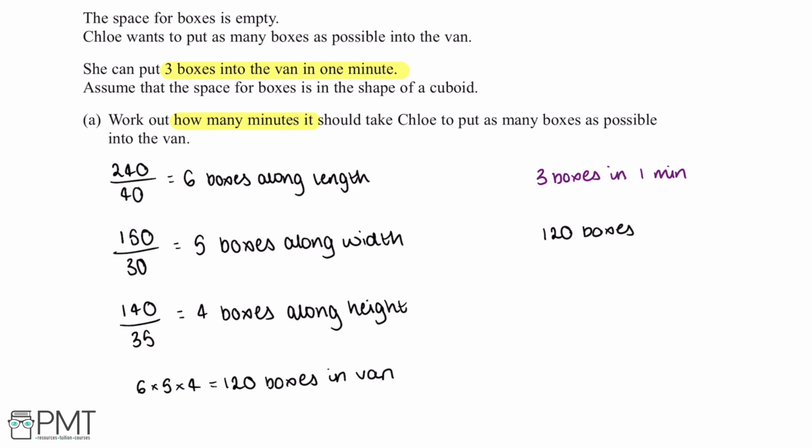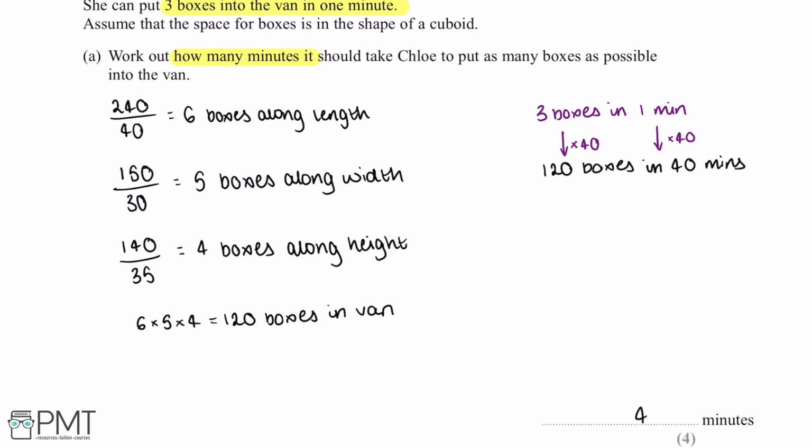To get from 3 to 120, we need to multiply by 40. If we've increased the number of boxes by 40 times, then we can increase the time by 40 times also. So it will take 40 minutes to put as many boxes as possible into the van. And this is our final answer.